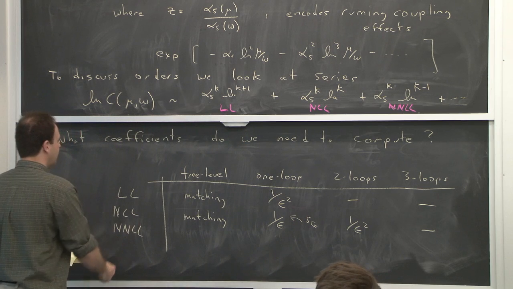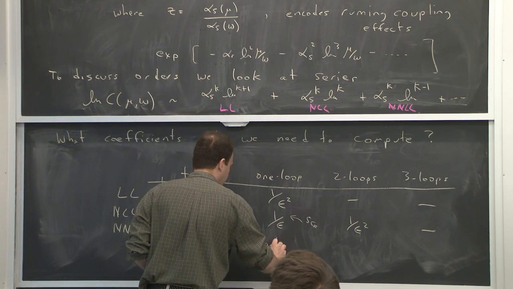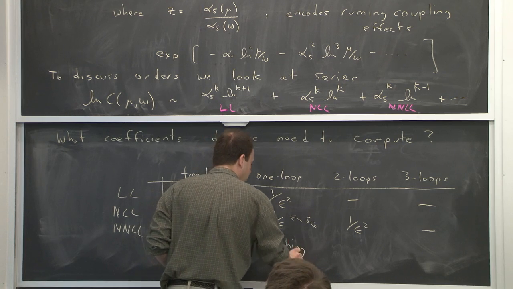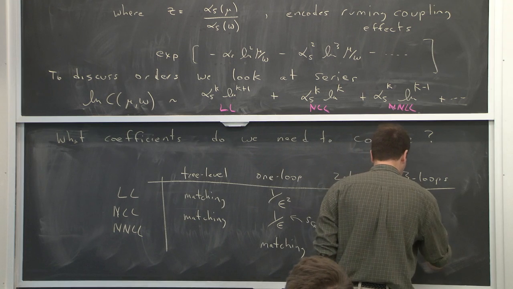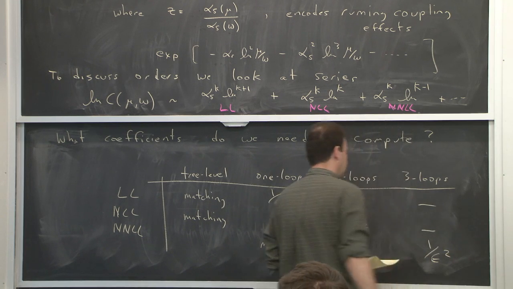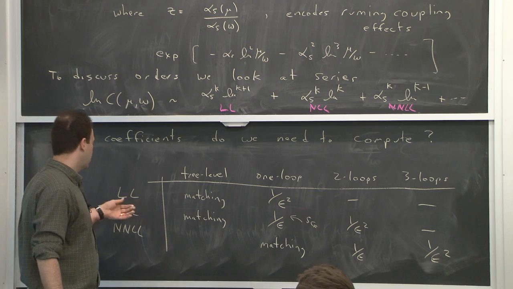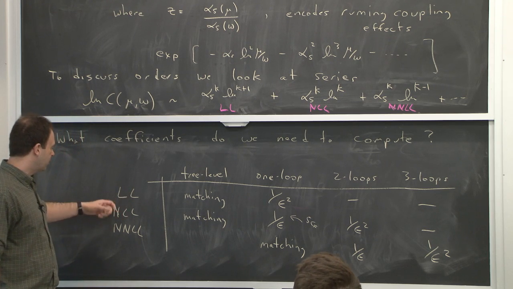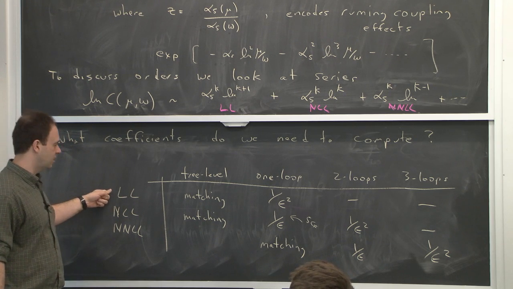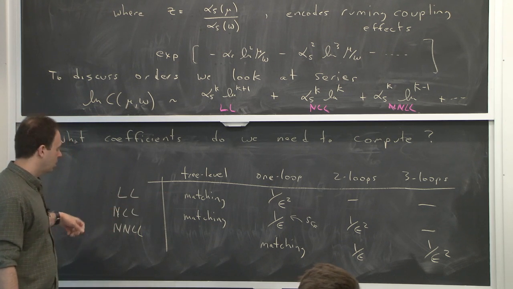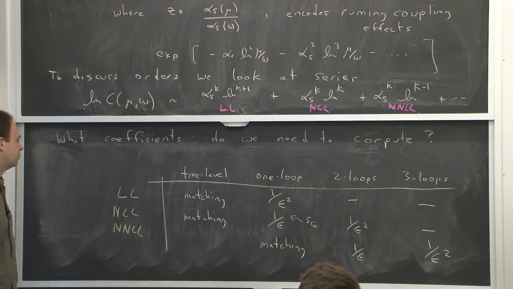And only when you get to next to next leading log, then the matching is 1 loop. You have the 2-loop regular anomalous dimension, and then the 1 over epsilon squared Cusp anomalous dimension from 3-loop. So it's kind of the usual story, but because of the double logarithms, we have an enhanced thing that we can talk about here, where we're not talking about the regular anomalous dimension, but this Cusp anomalous dimension.